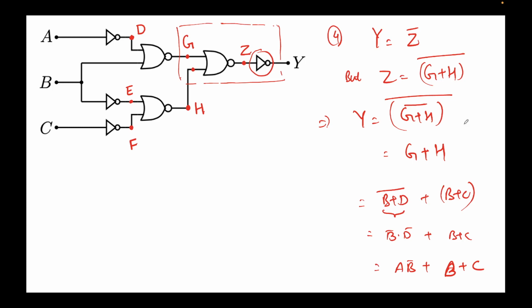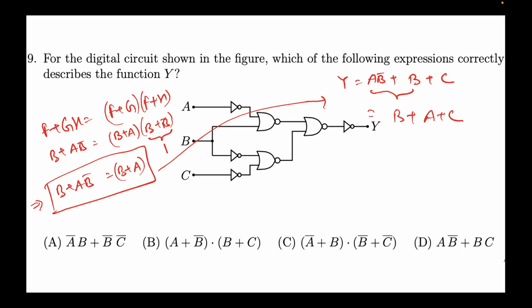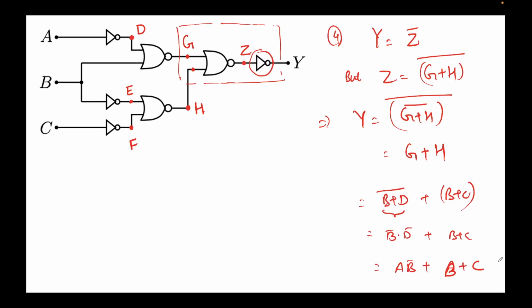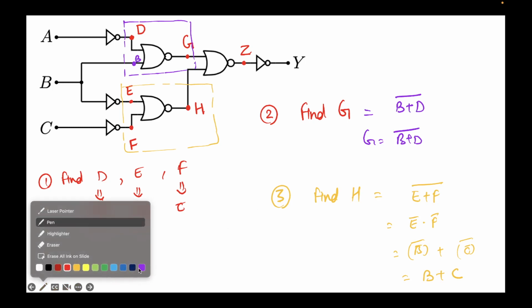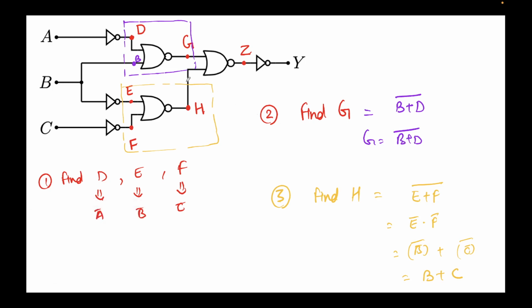Let me just check if I did something wrong or not. Problem 9. Okay, so this will be A bar and G should be B plus D whole bar, that is correct. So this should be B bar into D bar. It should be B bar times D, which is nothing but A bar, so that will be A times B bar.